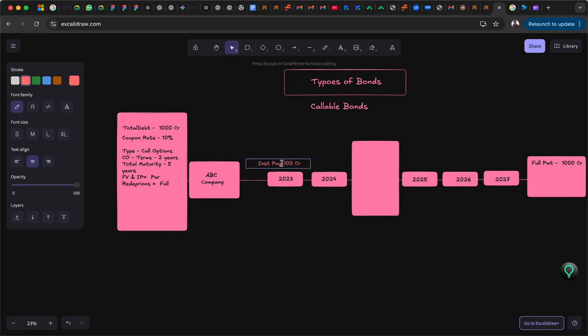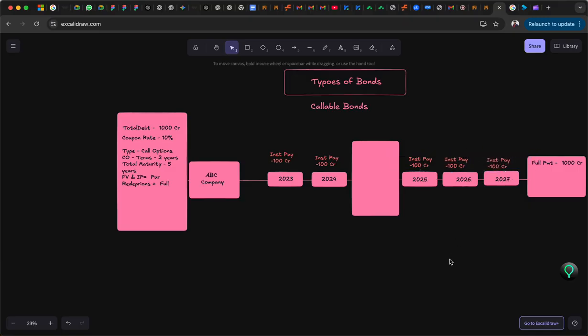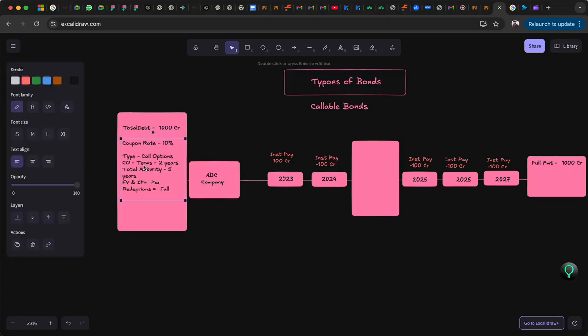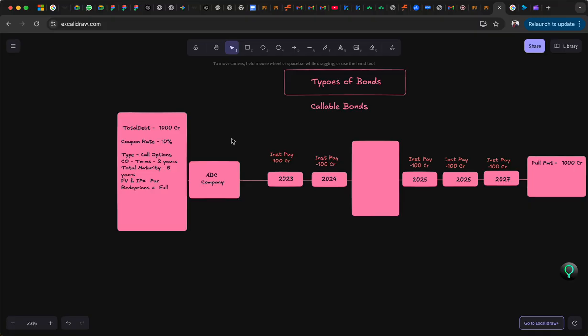Every year. Okay. So this is the investment prospectus of a callable bond.